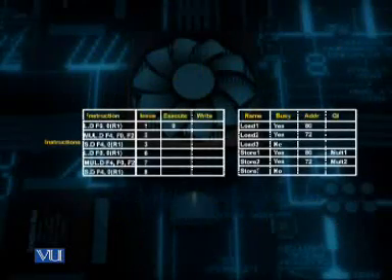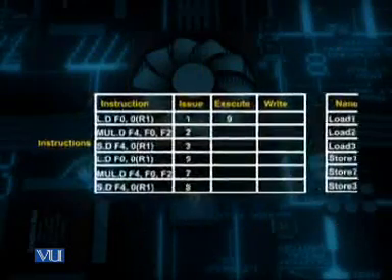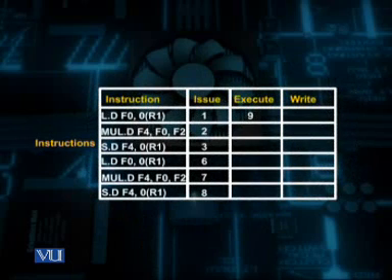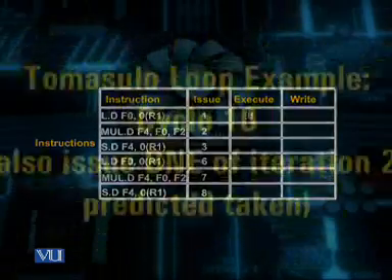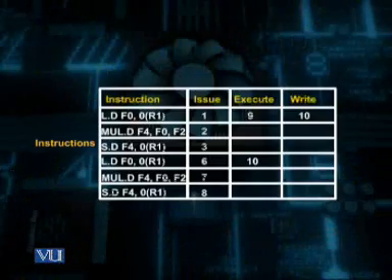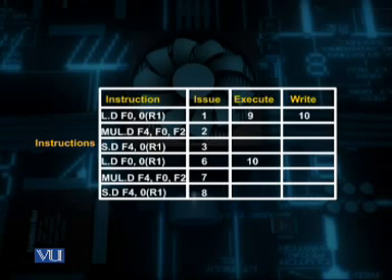Similarly, in the 9th clock cycle, the first load instruction has completed its execution, whereas in the 10th clock cycle, the result is written into the destination register, which is F0, and at this time, the second load instruction has completed its execution.